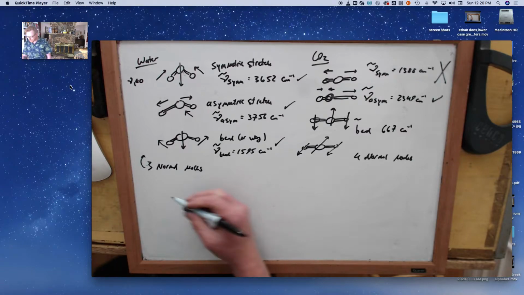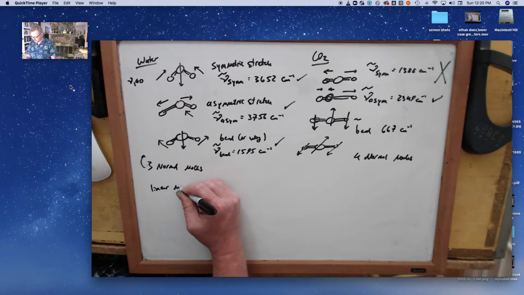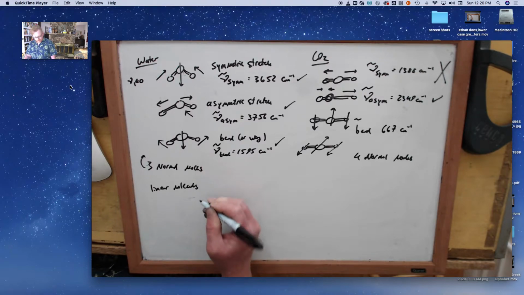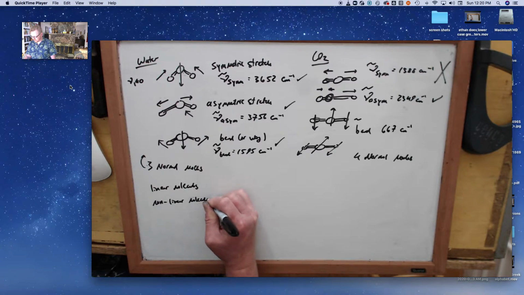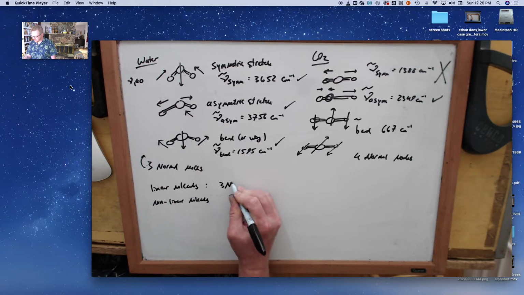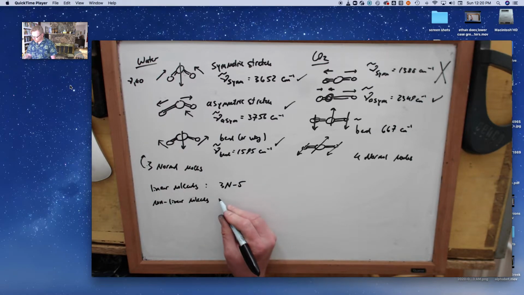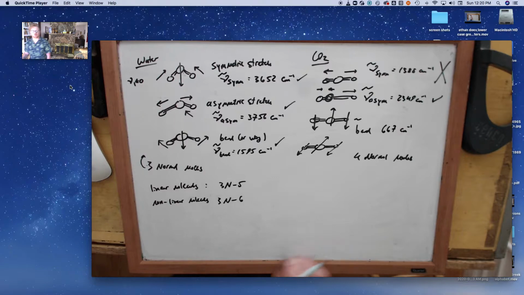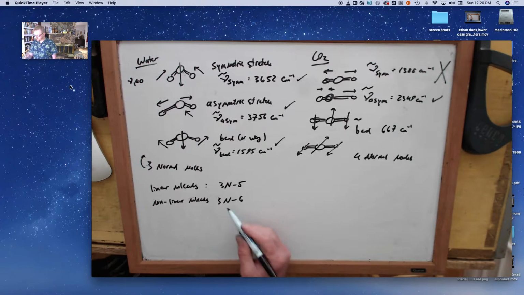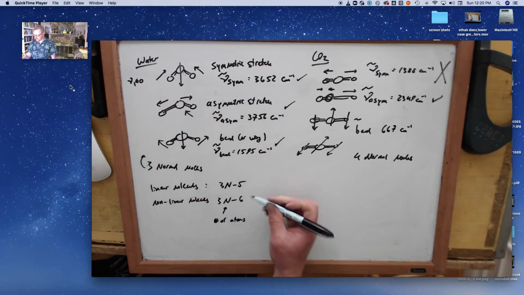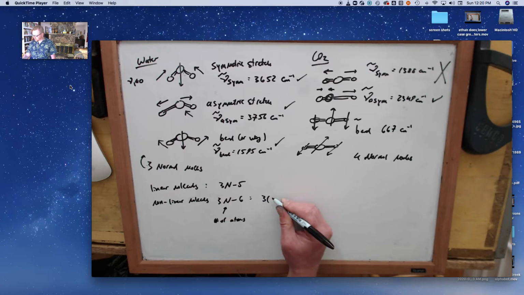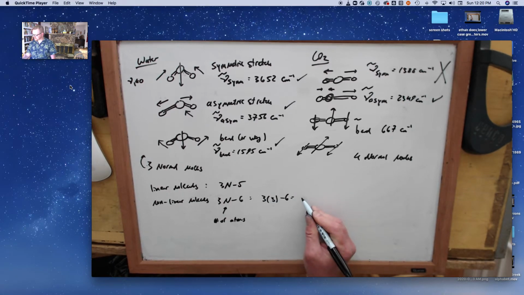So all of these are corresponding to the 0 to 1 stretch, each and every one of those normal modes. So there's an equation for linear molecules and nonlinear molecules. For linear molecules, that goes as 3n minus 5 normal modes, and for nonlinear molecules, that goes as 3n minus 6, where n is the number of atoms. So for example, water is a nonlinear molecule, and given that water has 3 atoms, 3 times 3 minus 6 equals 3.